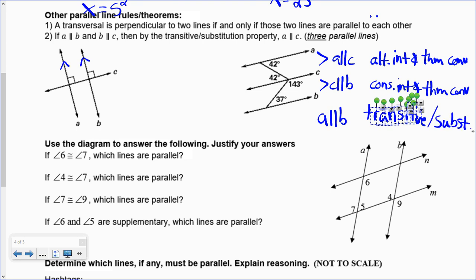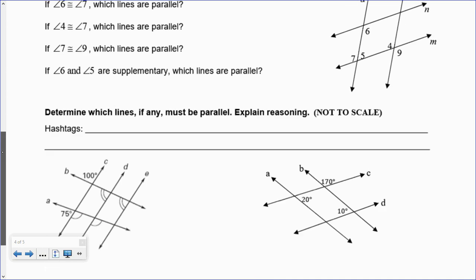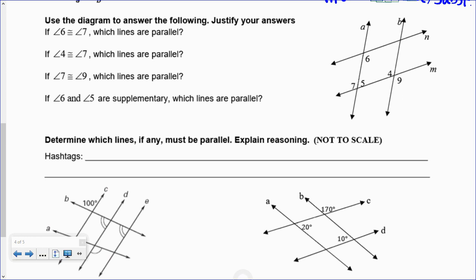Line 1 to line 2, line 2 to line 3, gives you line 1 to line 3. Okay, so transitive. Alright, so everybody okay with those? They're just two new ideas that you guys have probably seen before, just presented differently.